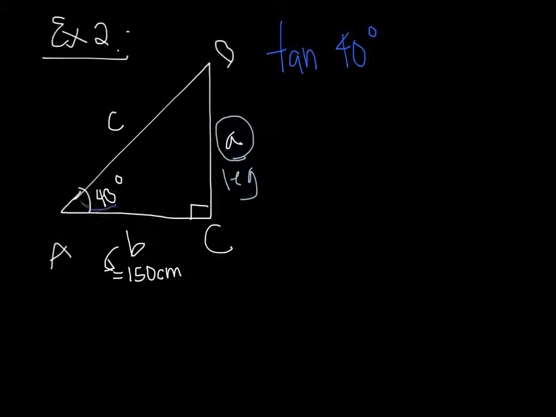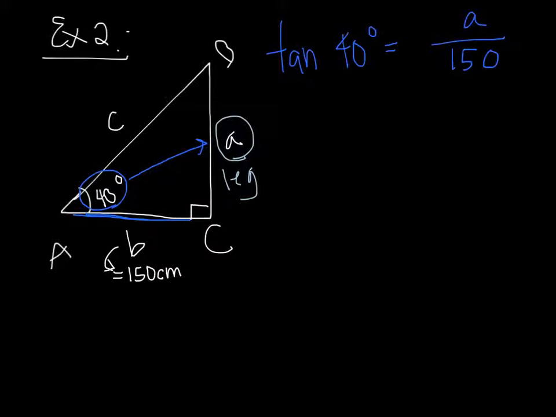Okay, 40 degrees because that's my angle A, my tangent of A. And what is the tangent of A? The tangent is the opposite over adjacent. So opposite of 40 degrees, opposite is A. Okay, and we want A in there because that's what we want to find. Over adjacent, well, the adjacent side is this B part, which is 150.